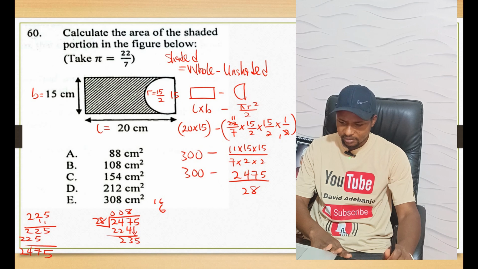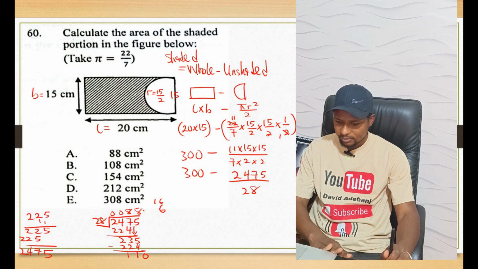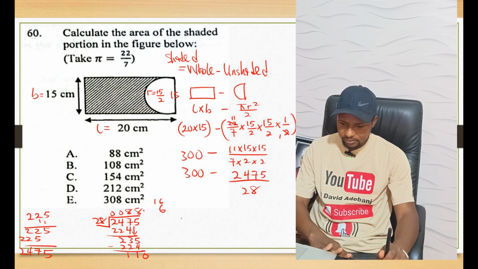How many times again? Obviously it's still 8 times. You multiply, you say I have 2, 2, 4. You subtract, and when you subtract you have 1, and you have 1. Then add 0, add decimal point. And how many times? Obviously it is more like 3 times.